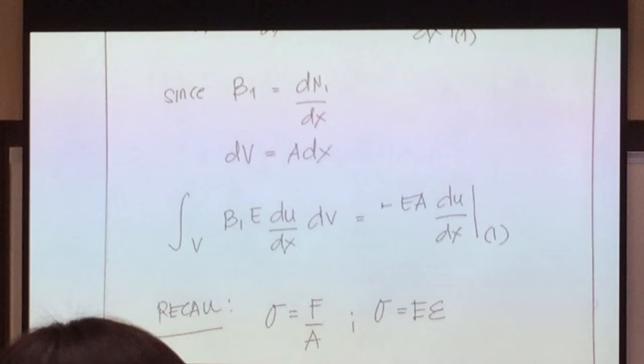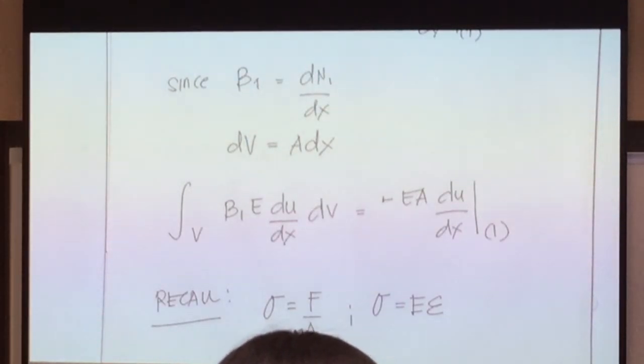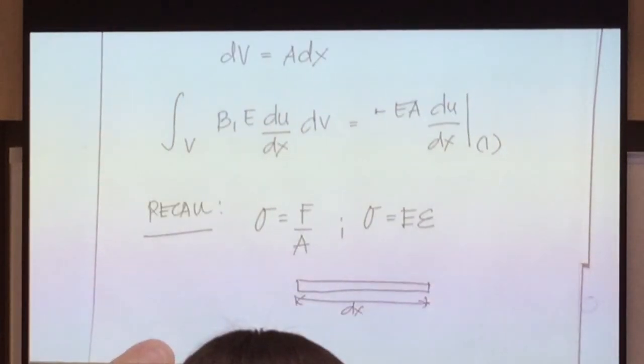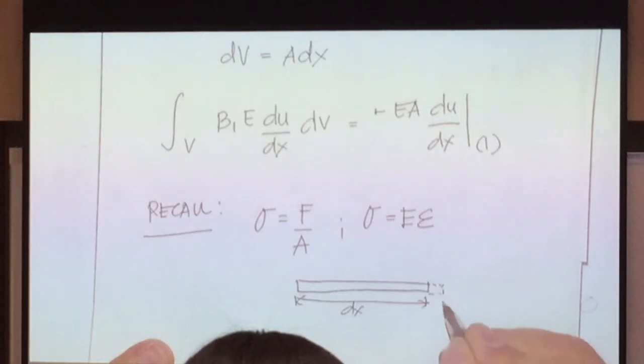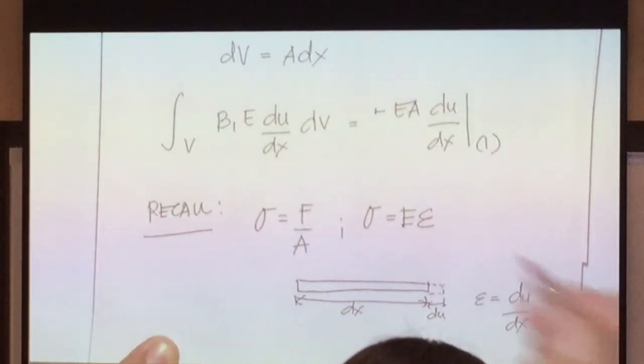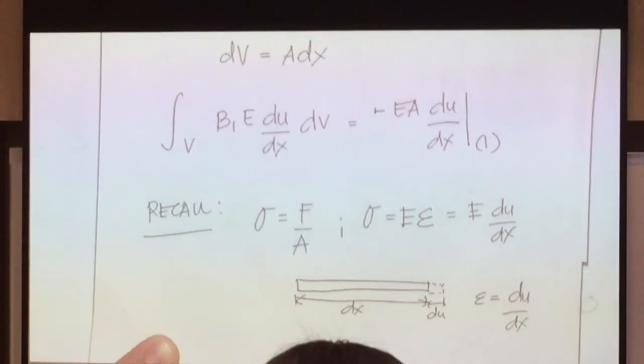If you have a small displacement and your length is dx, your displacement is du. So originally your length is say dx, and then you stretch this one here such that you have this to be du. What will be your strain? du/dx.